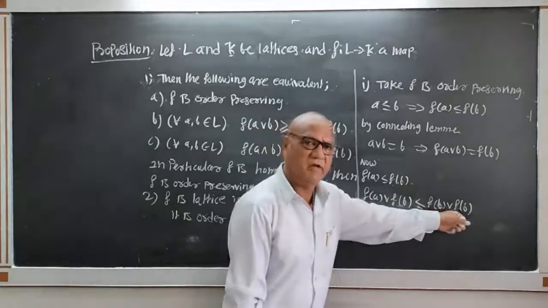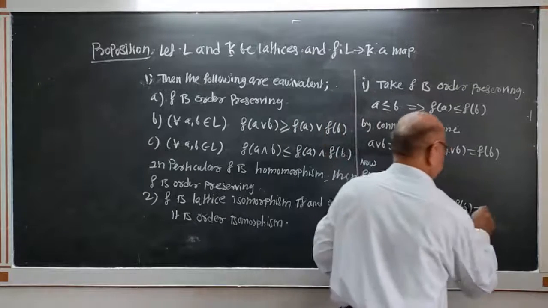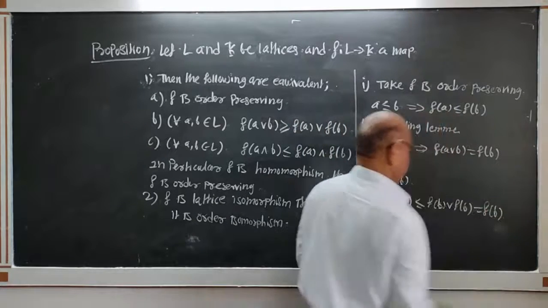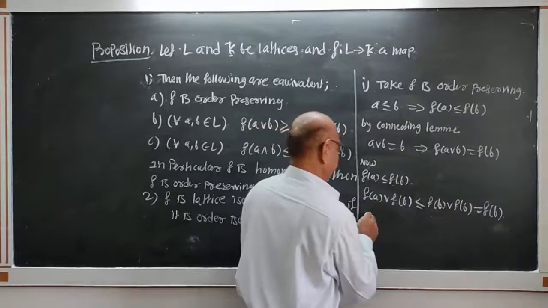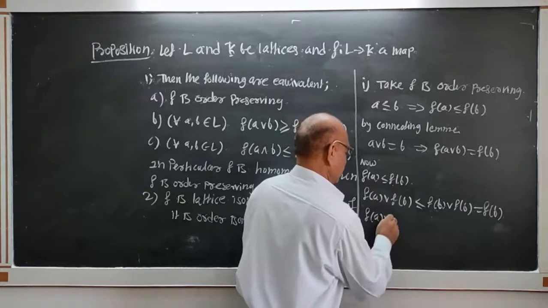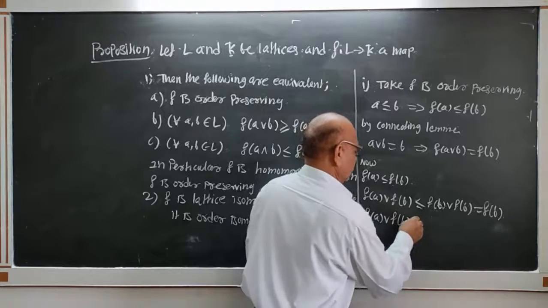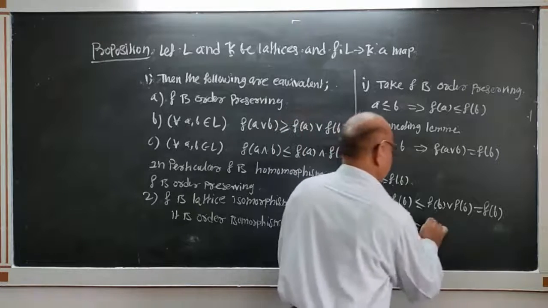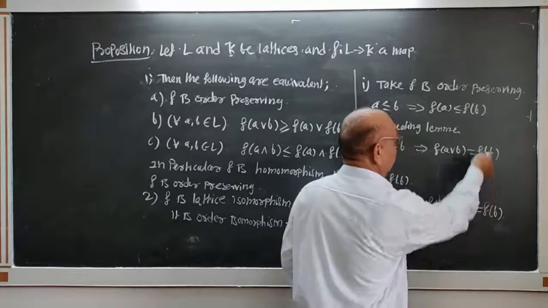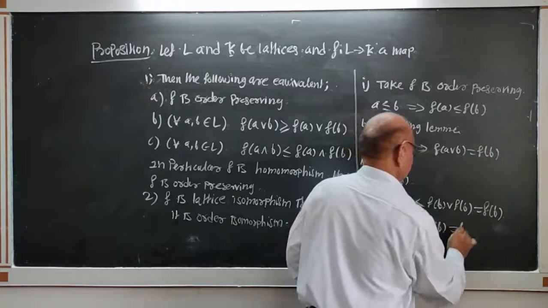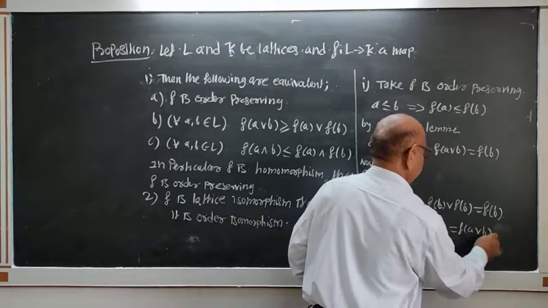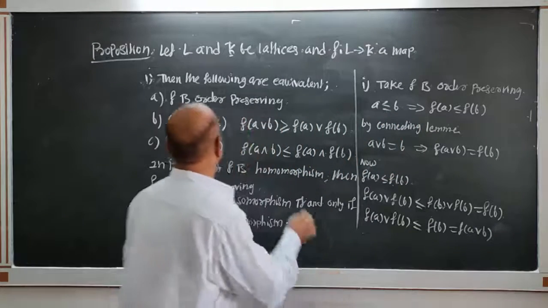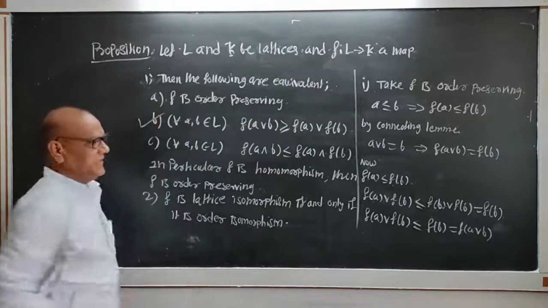Here f of b join f of b is equal to f of b, which equals f of a join b. We get result B.